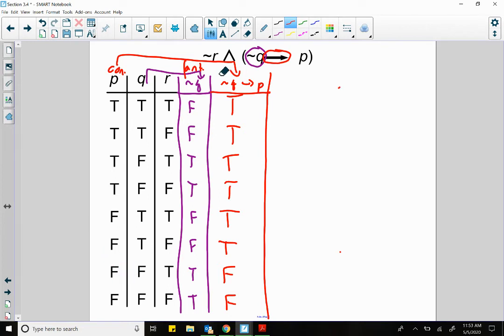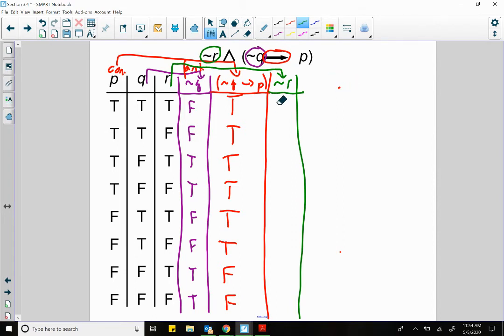All right, so that takes care of the parenthesis. Now we work outside. So do I have any negations outside? Absolutely. So we're going to take care of negate R. So all we're going to do is take this column for R and switch the signs.